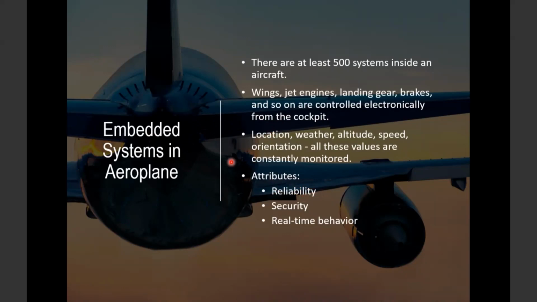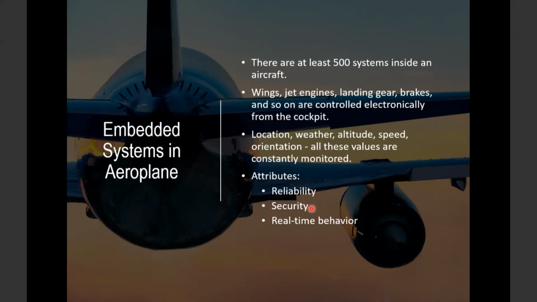If there is one problem or issue found, then the aeroplane might not take off. It will not fly. So all of these systems inside the aircraft must work 100%, and after that the aircraft can take off.